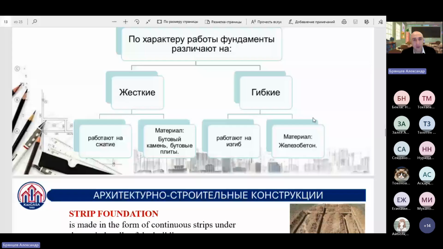Mostly it applies to multi-story constructions and to various structures like bridges, for example, with long span constructions.